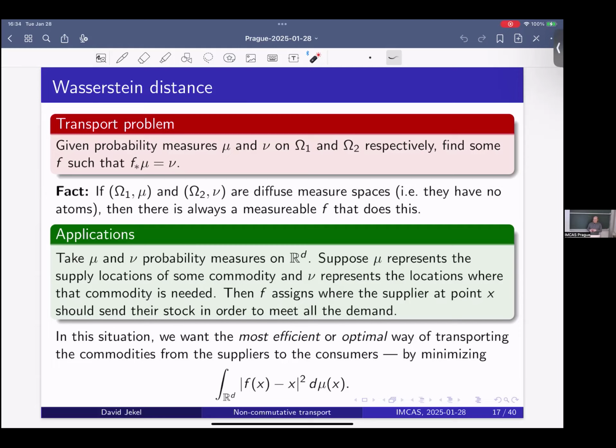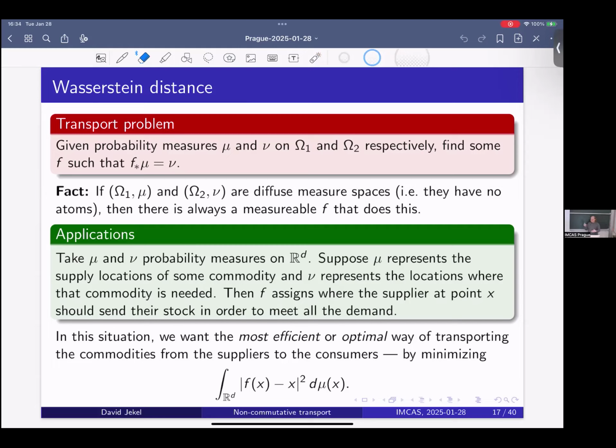And there are many applications of optimal transport in terms of applied math and optimization and everything, because you're trying to figure out the most efficient way to transfer some kind of objects that are in one distribution into some other distribution. Maybe you have pieces of bread that have been baked at different locations, right? And then they have to be delivered to the people that will sell the bread.